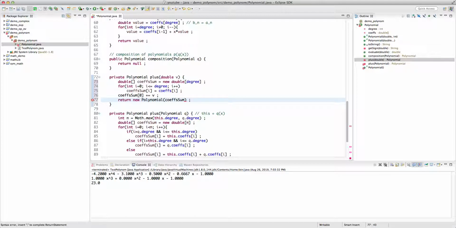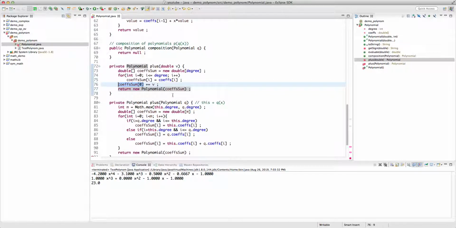So if it's just a double number, it just adds to the constant term of the polynomial.